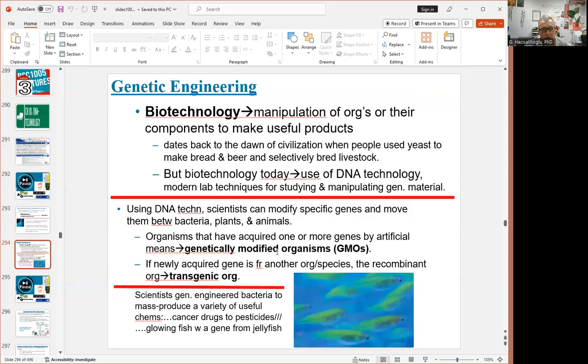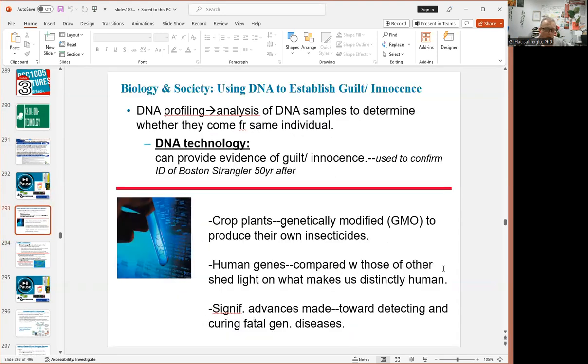Okay, so why is this chapter important? Biotechnology is a very hot topic, and there are a lot of new things coming out in biotechnology. Some of them we hear about every day. DNA profiling is the analysis of DNA samples to determine whether they come from the same individual. DNA technology can help find guilt or innocence, and was used to confirm, for example, the Boston Strangler 50 years after the fact.